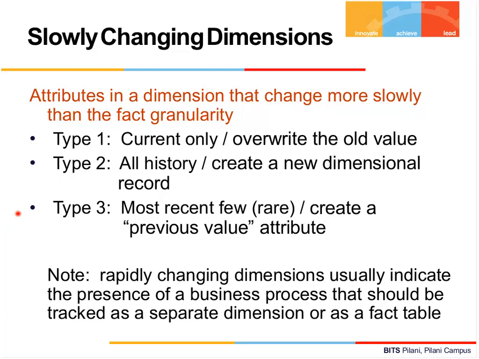Assume that for every type 3 you're adding a new column, and probably the effective dates and things like that. So bear in mind, if you have a type 3, your table is going to get wider and wider. In my experience, I've not seen more than 2 type 3 changes in any one dimensional table. I have seen them, but it's not like I have 10 type 3 changes in one dimensional table.